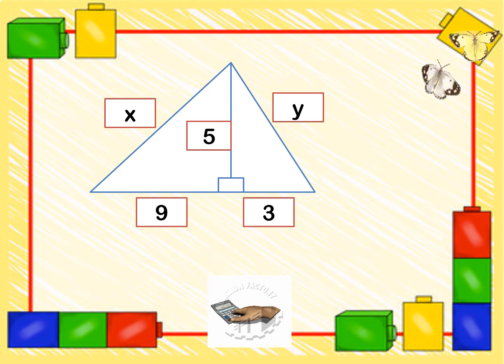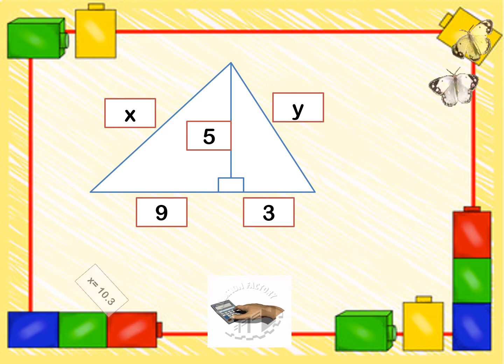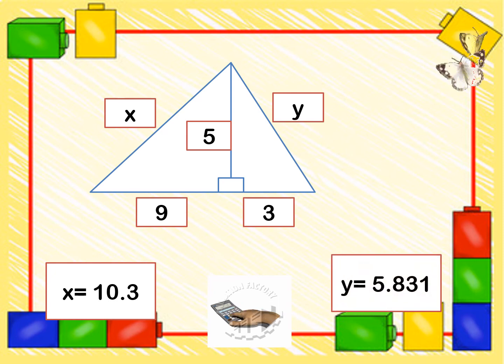As you can see, we have the longest side in x and the longest side in y. Therefore, x is 10.3 and y is 5.831. I hope you got it.